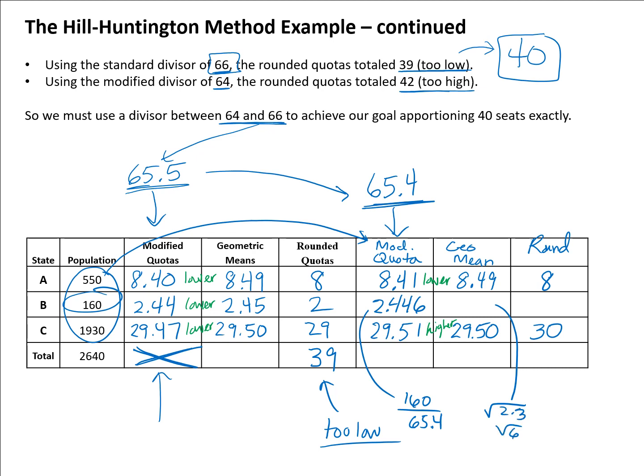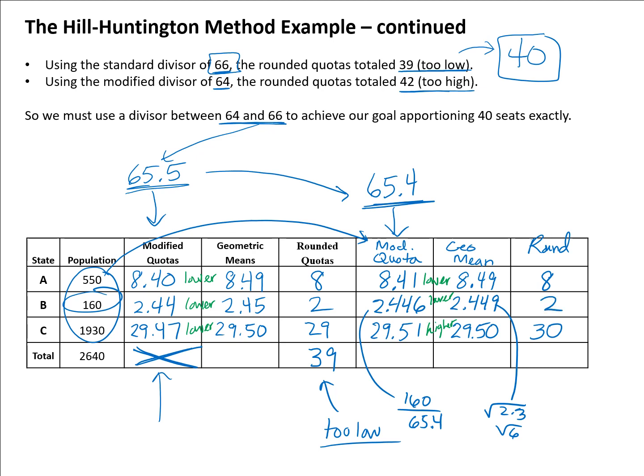If I take that out 3 places instead of 2 places, I get 2.449. So now we can actually see a difference. Before, they both rounded to 2.45. Now we can see that the modified quota is lower. 2.446 is lower than 2.449. So that means that 2.446 rounds down to 2.